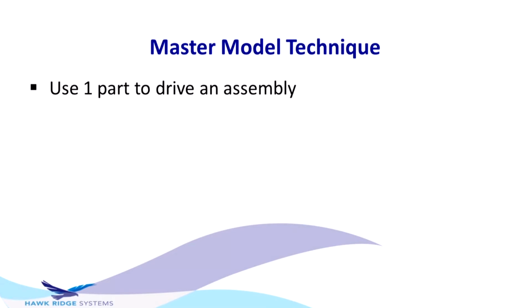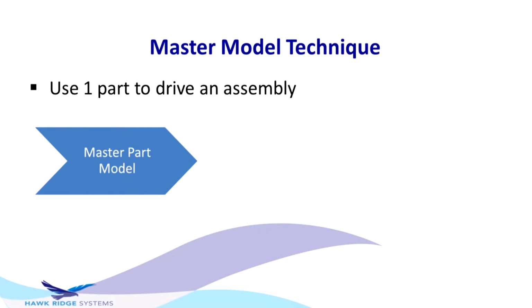The last thing I want to cover today is the master modeling technique. It's really simple: it's using a part to drive an assembly, one part. That one part is our master model. So we can take a look at the flow.